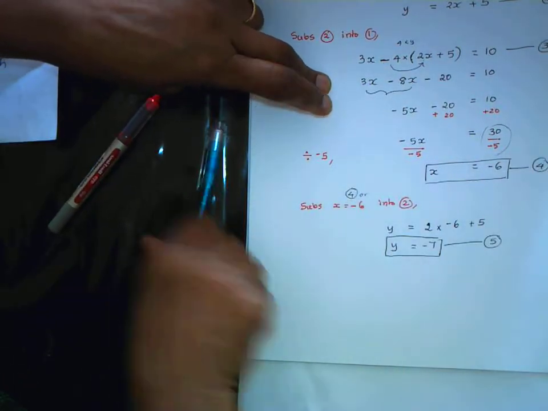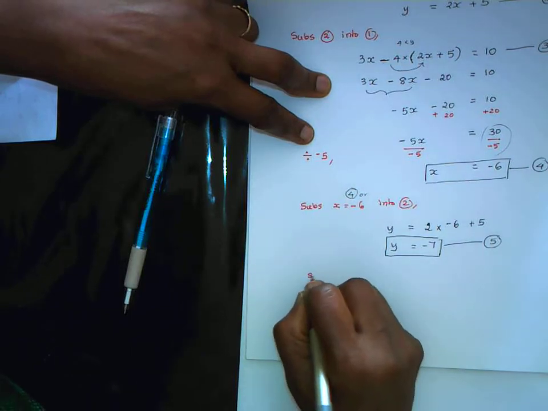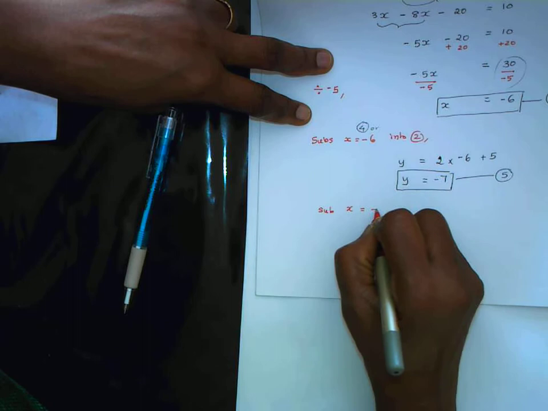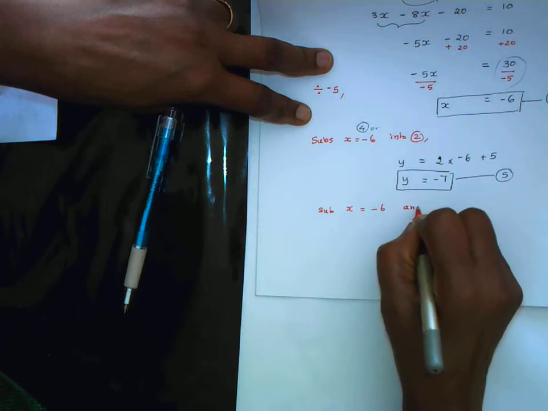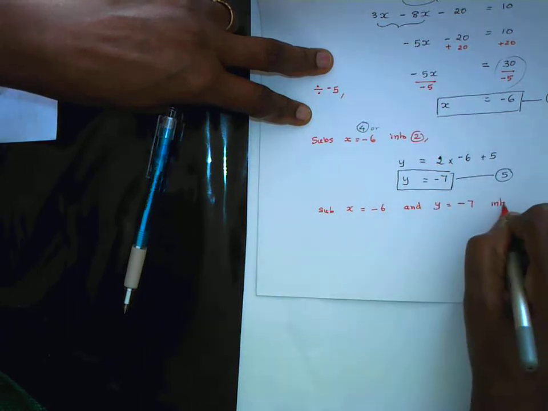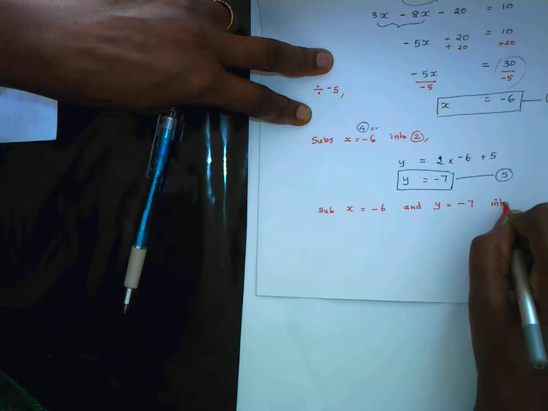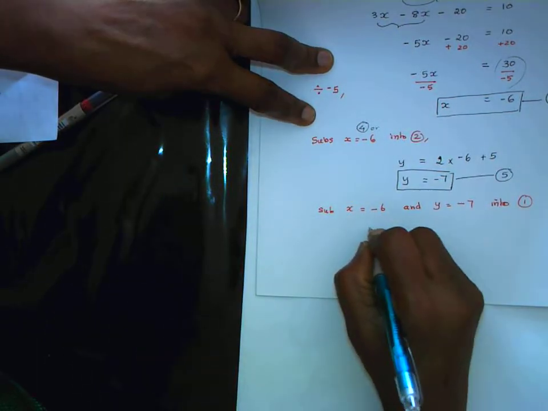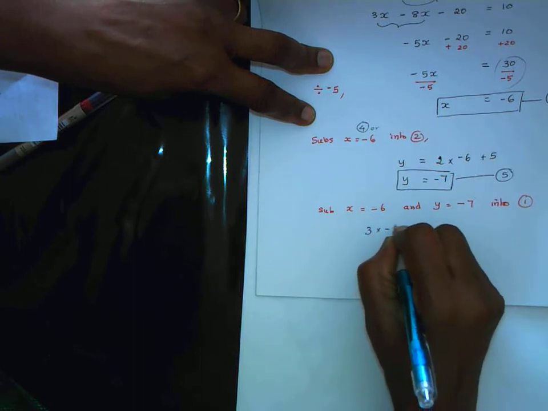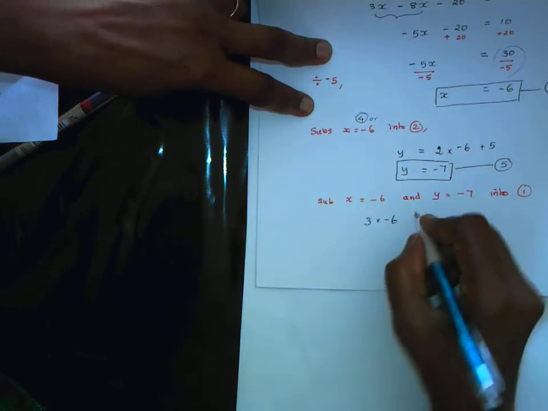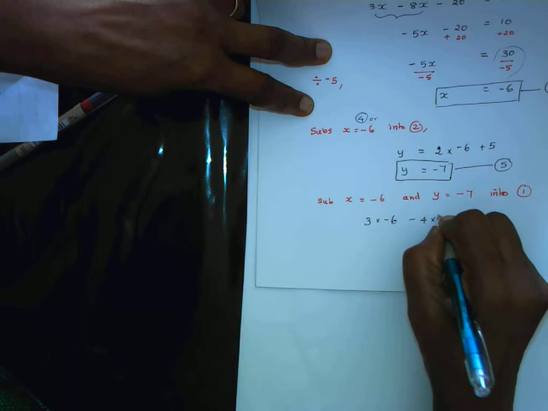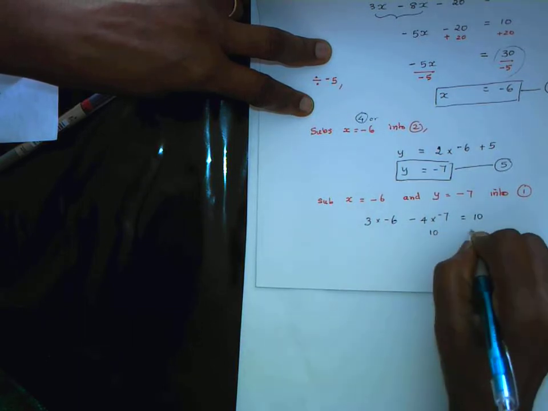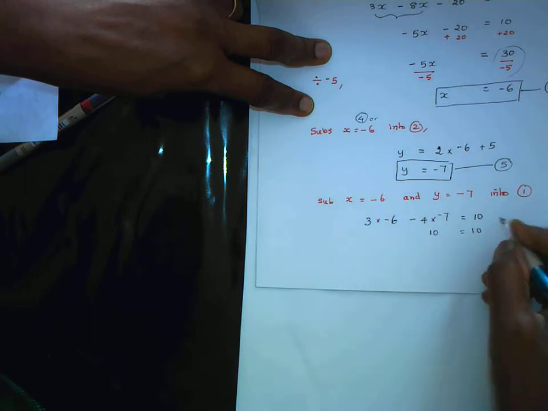So now I'm going to sub x equal to minus 6 and y equal to minus 7 into equation 1, which means 3 times minus 6 minus 4 times minus 7 equal to 10. The left hand side is 10, the right hand side is 10. So that means true.